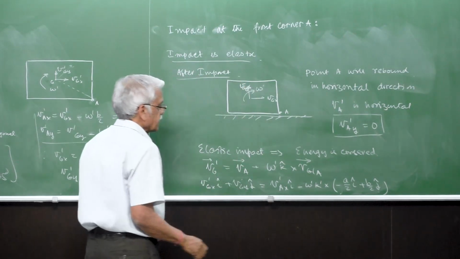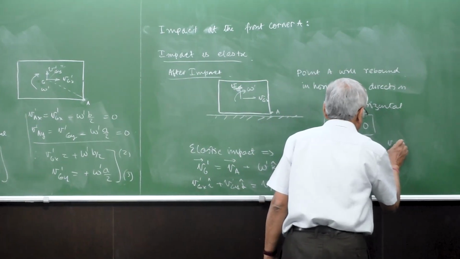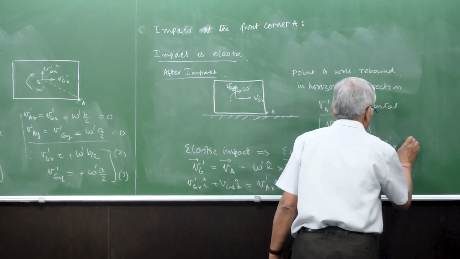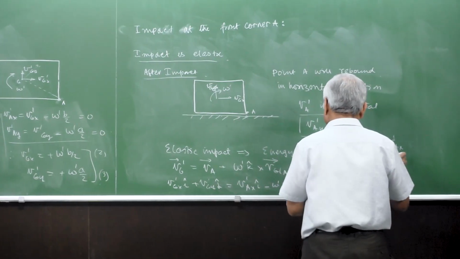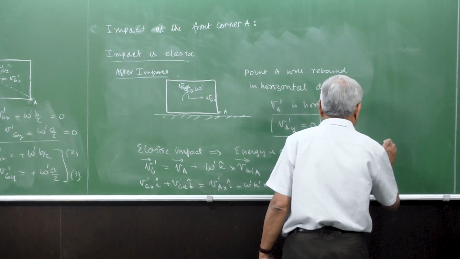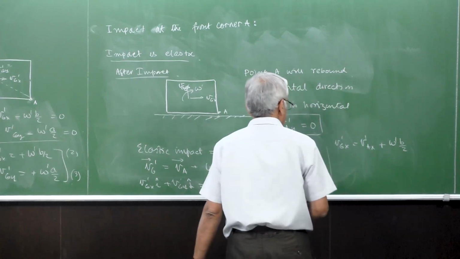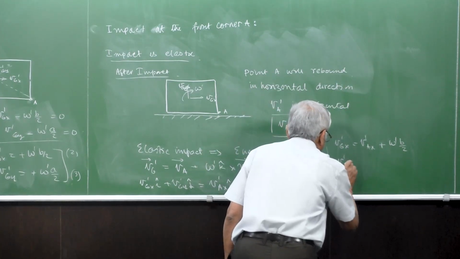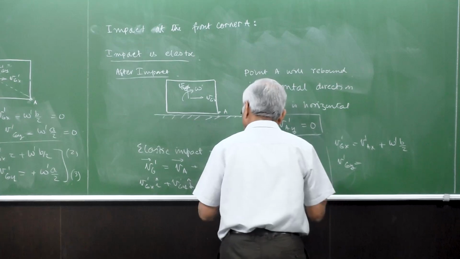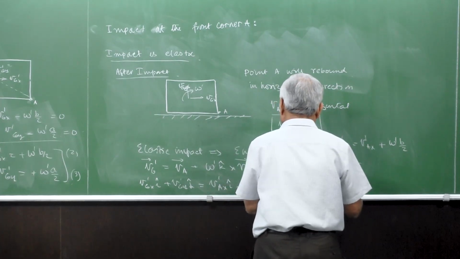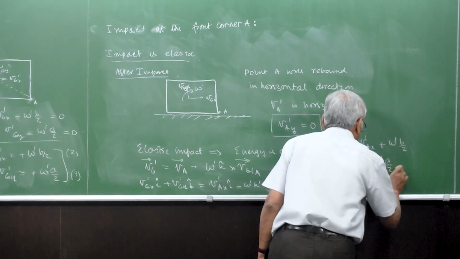So what we can get from this is two equations. So V_Gx is V prime Ax, and V prime Gy is simply A by 2 omega prime.